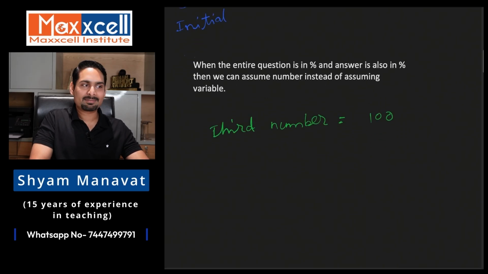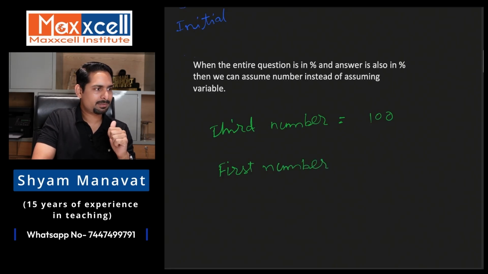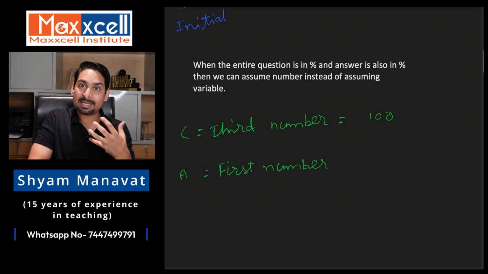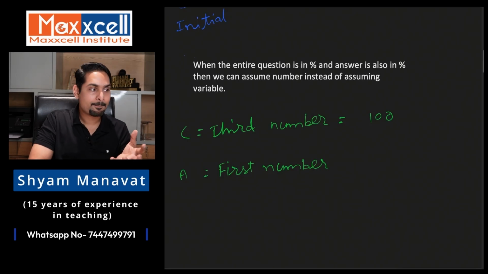When I have the third number as 100, can we still name them ABC? Are you okay with this? The third number we called C, and this is A, so it will be easy for me to explain. You don't have to do it. It's not necessary, but it will be easy for me to explain it to you.